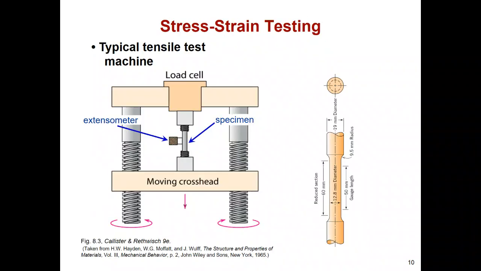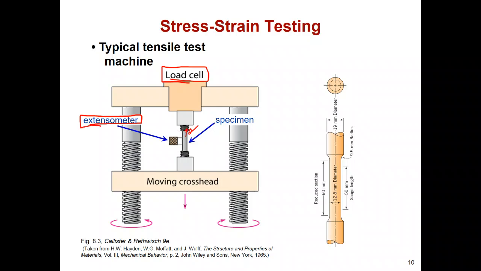To check those kinds of stress and strain, we have some utilities, for example a typical tensile test machine, sometimes called a universal tensile machine. It is attached to a load cell, which looks like a weight machine, measuring the weight. After putting in the solid specimen, we attach a strain gauge, sometimes called an extensometer.